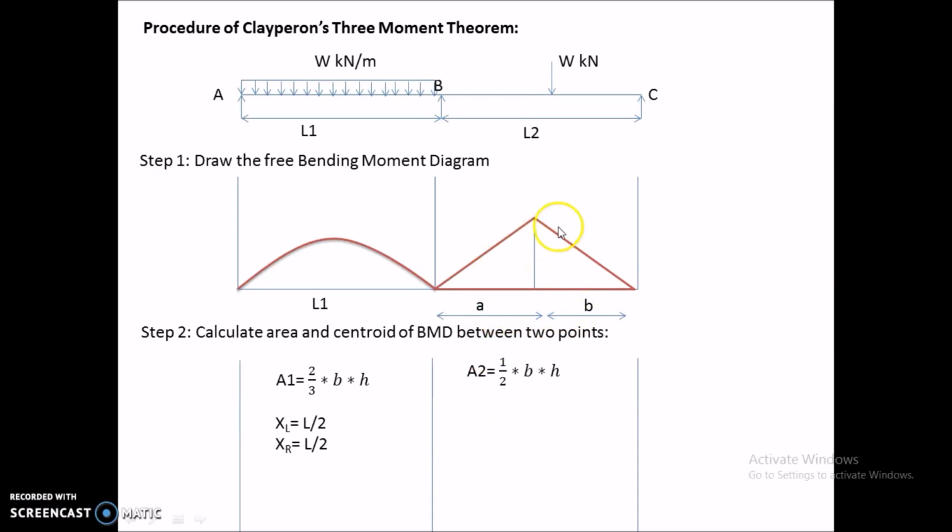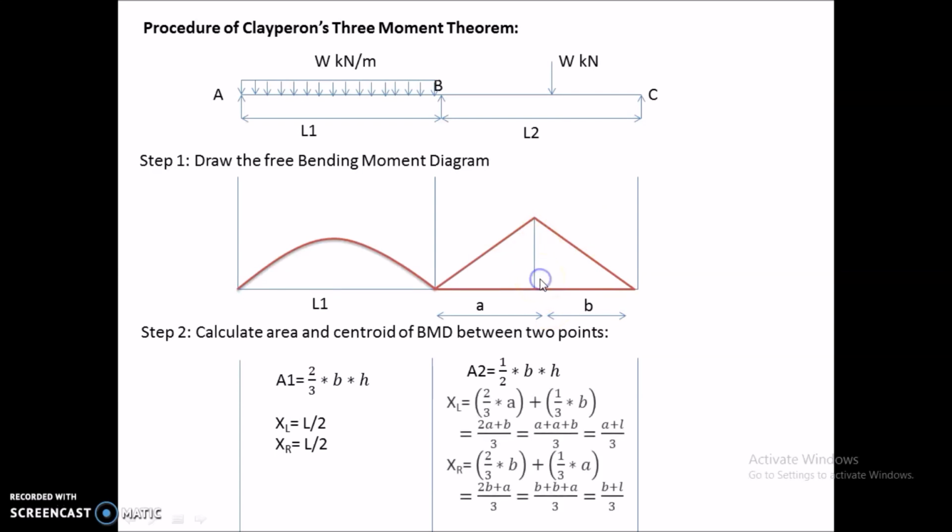This height will be WAB by L. And coming to XL and XR, from the left hand side, for this triangular part the X bar value will be at a distance of 2/3 of A, this length.